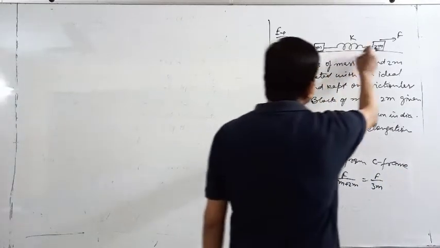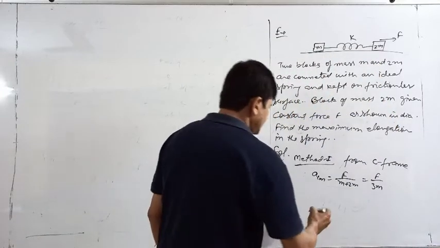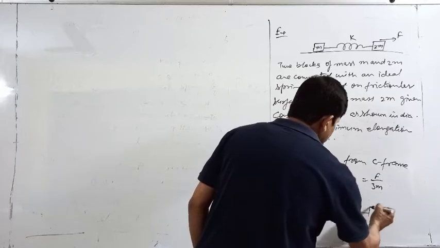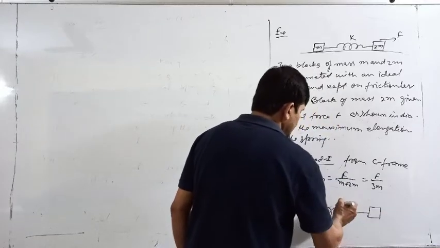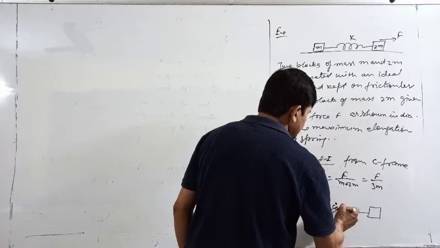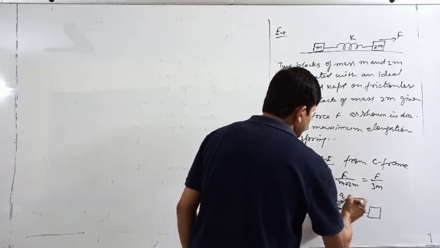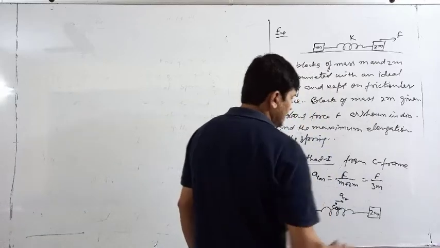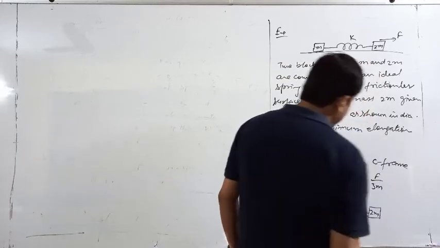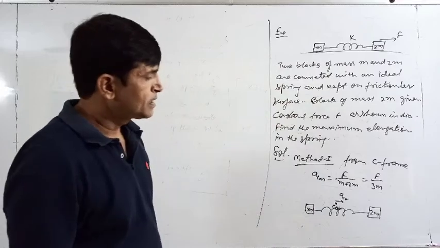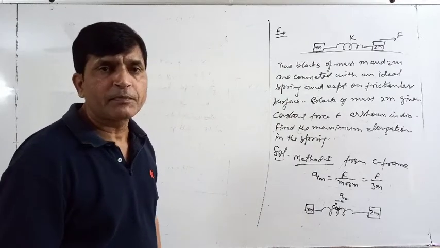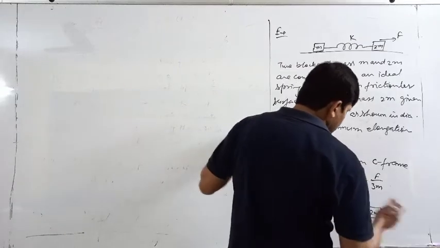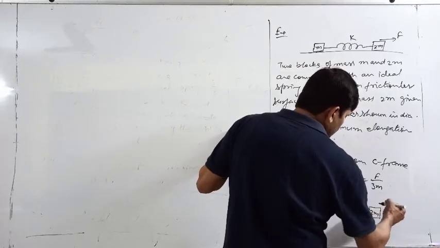Now I am making a diagram of this. This is your center of mass, this is ACM, with masses 2m and m. So see here. As we know, with respect to the center of mass, the momentum of the system will always be 0.